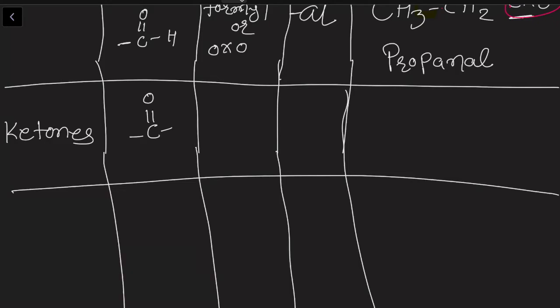Okay. Ketone has a prefix oxo, and it does have a suffix ONE. And same like the others, it is also part of the group name right here.